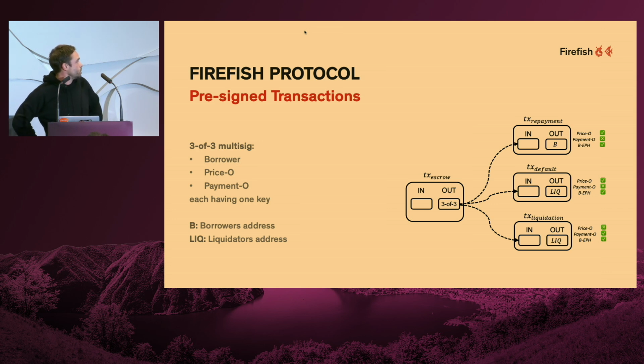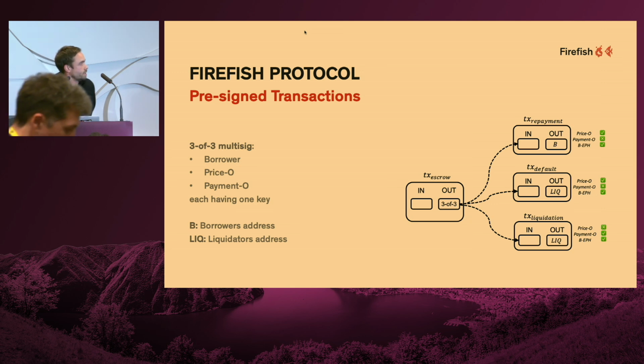Yeah, I would just mention that you can see the schema of transactions. You have input and output of a transaction. You can see that the output always belongs either to the borrower. So from the escrow contract, the Bitcoin can go only to the borrower or to the liquidator.